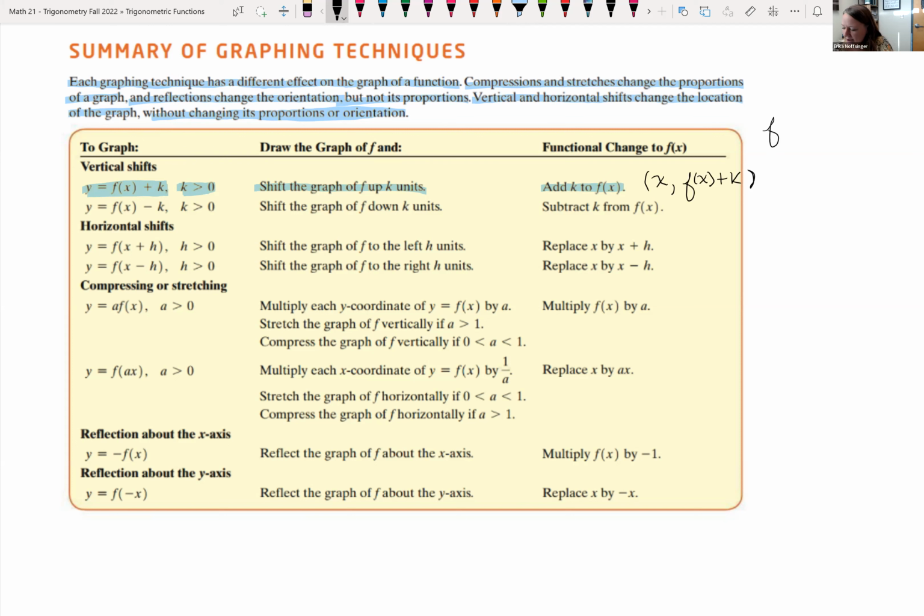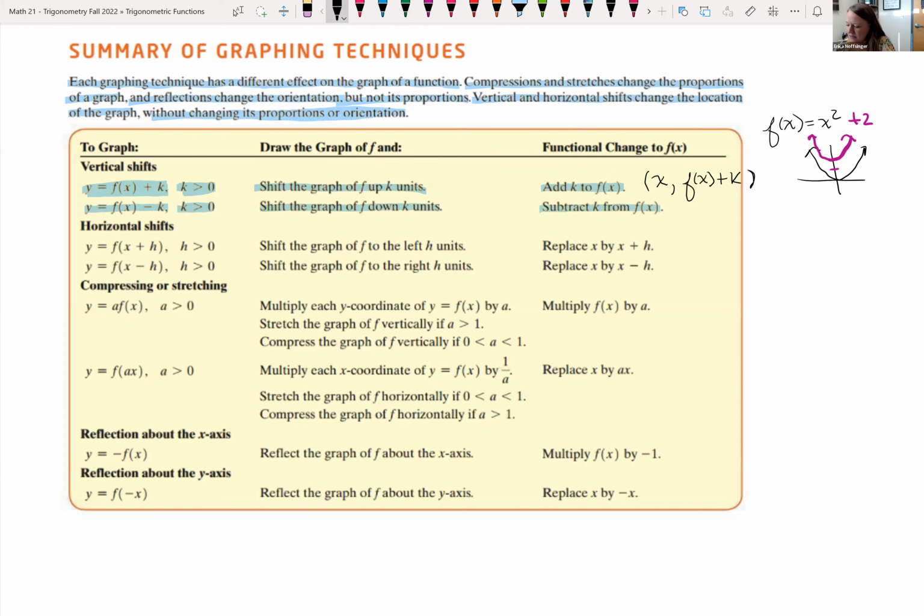So let's say you had f of x is equal to x squared, and we added 2 to it outside. And that would shift this graph up 2 units. If we subtracted a constant, or our constant was bigger than 0, this shifts our graph down k units.